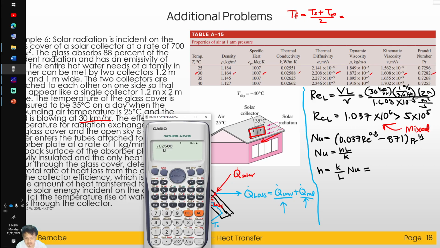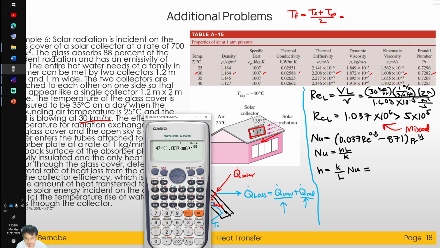So the length is 2 meters, right? So 2 multiplied by the Nusselt number. The Nusselt number is 0.037, Reynolds number is 1.037 times 10 to the 6, raised to... actually, I'm not sure if this will work, so let me use parentheses first.